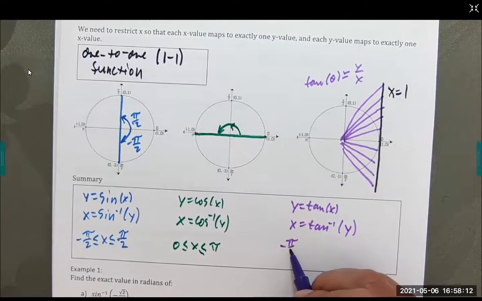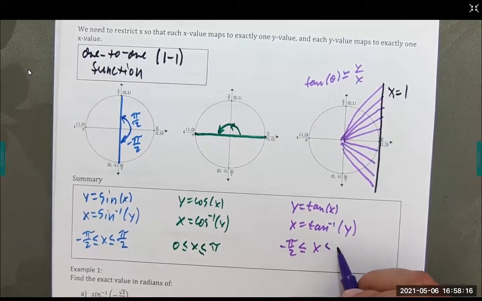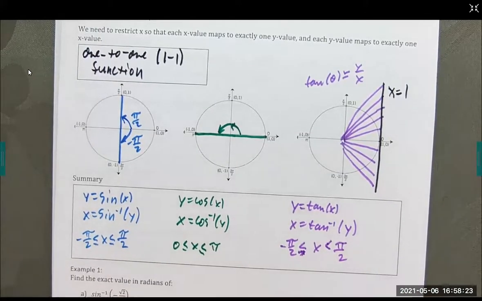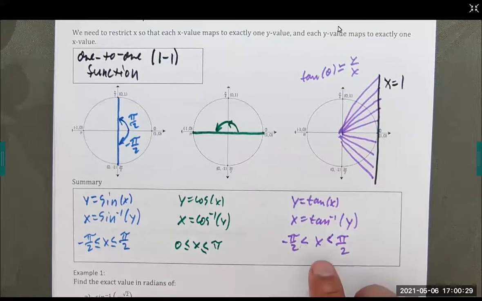Important thing is that it cannot equal pi over 2 or negative pi over 2. It's asymptotic. And we know that the asymptotes, again, are at negative pi over 2 and pi over 2. Right, so I erased that there.